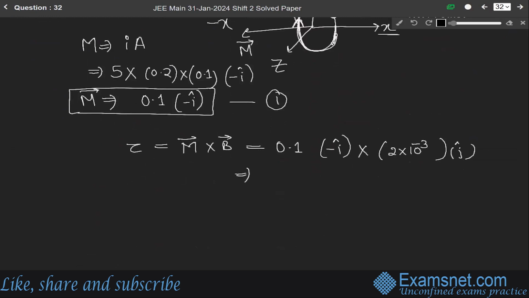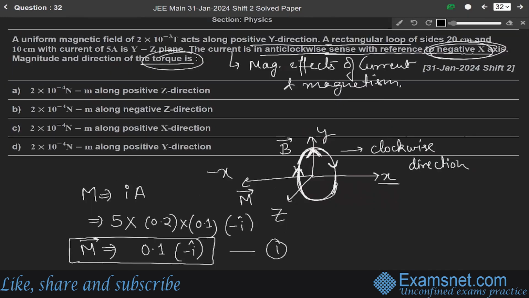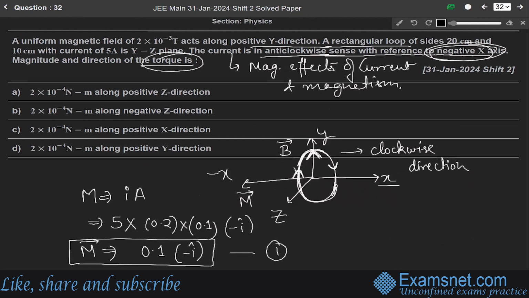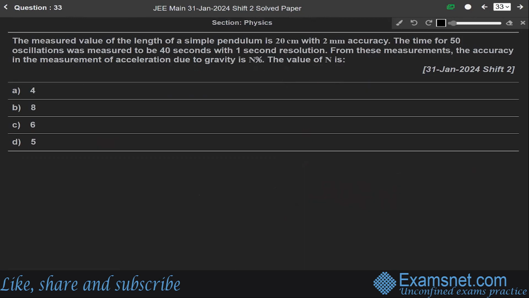So it will be equal to 2 into 10 to the power minus 4, and it is i cross j, minus of i cross j means minus of k cap. So torque tau will be equal to 2 into 10 to the power minus 4 minus k cap Newton meter. So the correct option is 2 into 10 to the power minus 4 along the negative z direction, meaning option B.